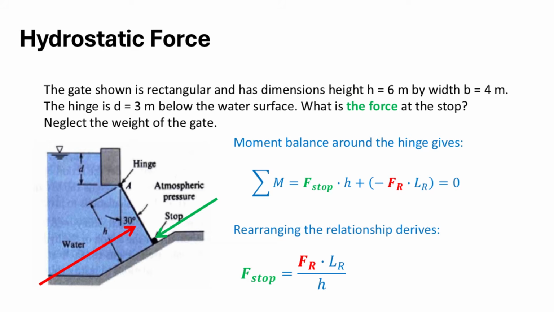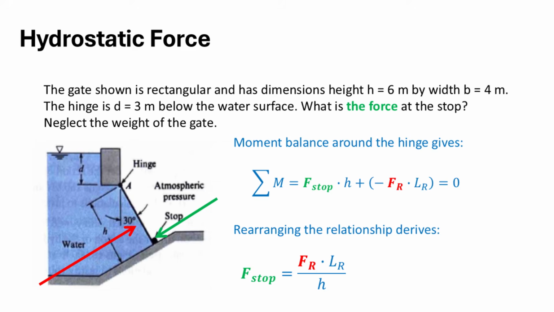Second, the resultant force of the hydrostatic pressure, F sub r. We don't have it in the statement, but we'll be able to find it using hydrostatic equations, and we'll be working on it shortly. Third, L sub r, the length of the moment arm linked to the hydrostatic force.